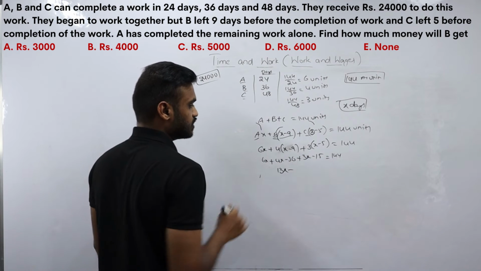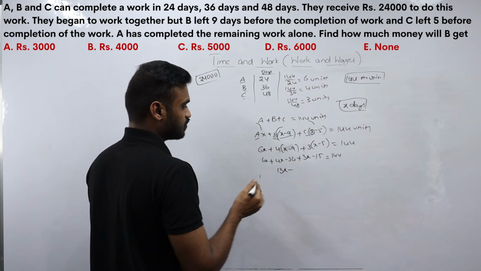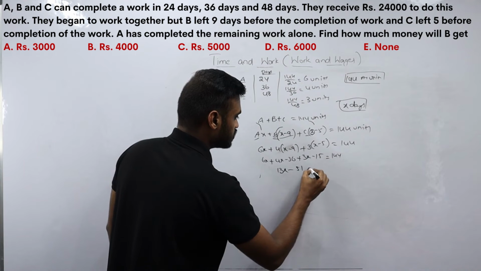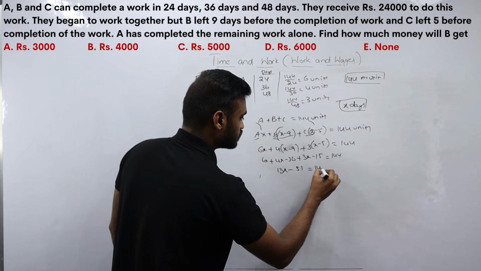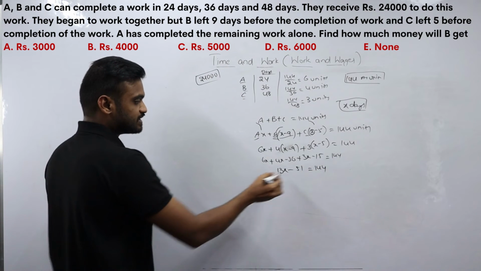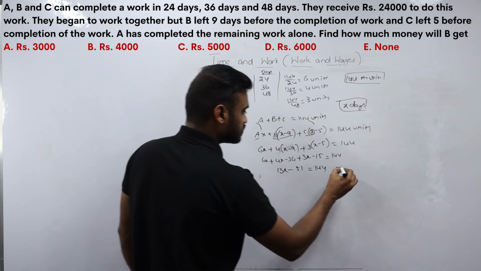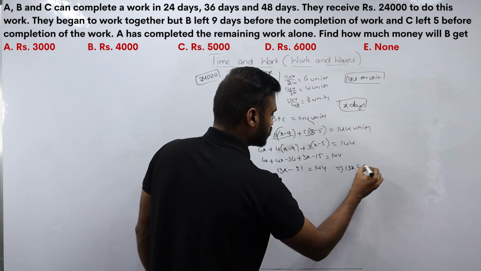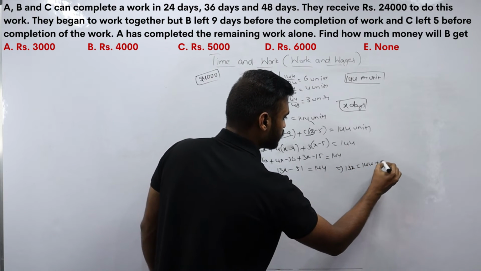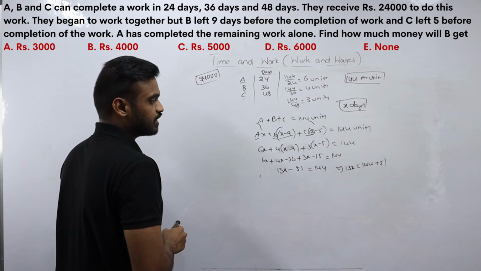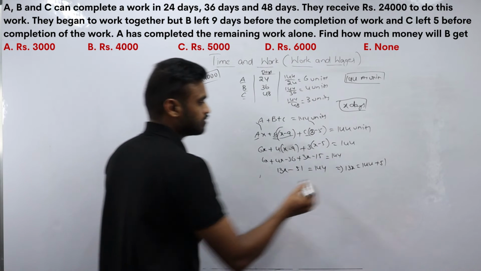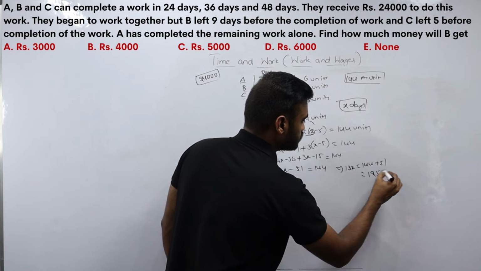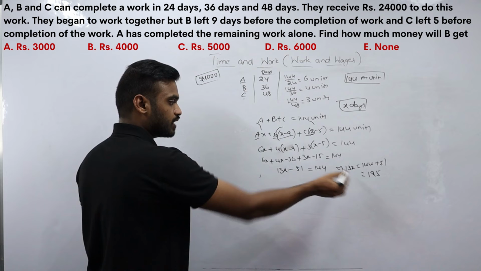Minus 36 minus 15, that is 51. So 13x minus 51 equal to 144. Now if I send this 51 to the right hand side, I will get 13x equal to 144 plus 51, that is 195. So 13x equal to 195.